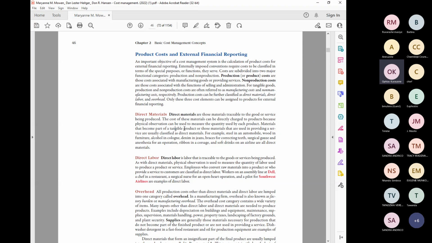This is very critical. So whenever you want to assign cost, look at direct material first, because direct materials are directly attributable to the production of certain goods or services.